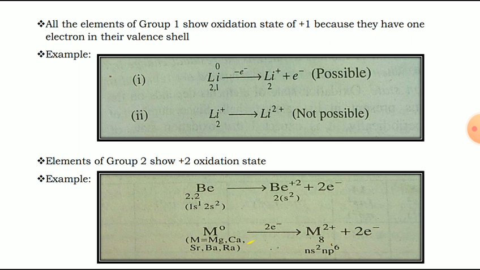When it loses two electrons, its electronic configuration is ns2 np6, which is completely filled, so there is no chance to lose or gain electrons. So group 2 shows only +2 oxidation state.